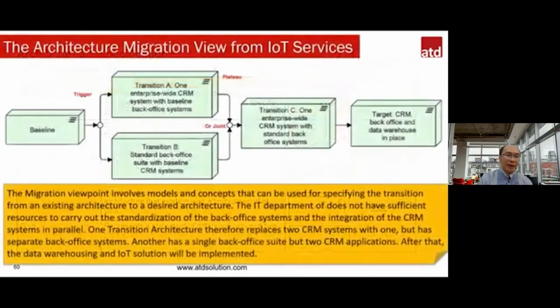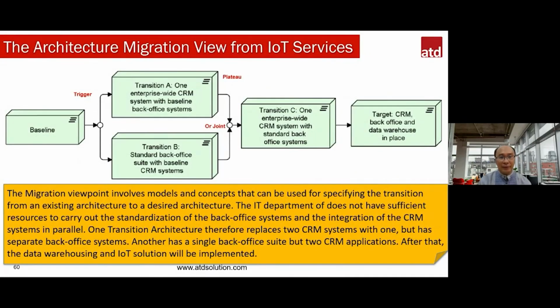So for instance, from the baseline, you might want to go into transition A and B as separate tracks. In transition A, you are going to do one enterprise-wide CRM system with baseline back office, and transition B with the standard back office suite with baseline CRM system.